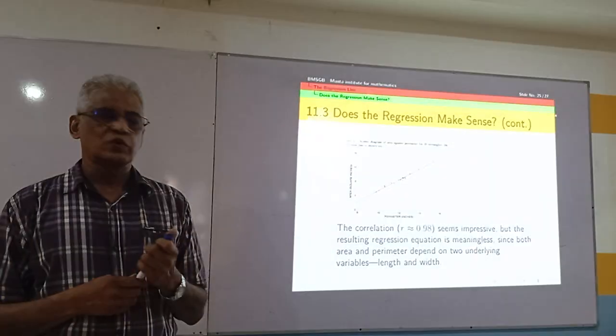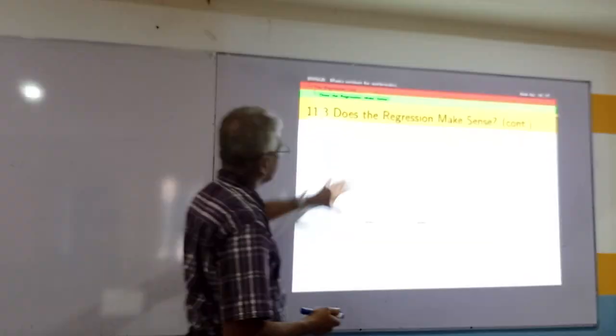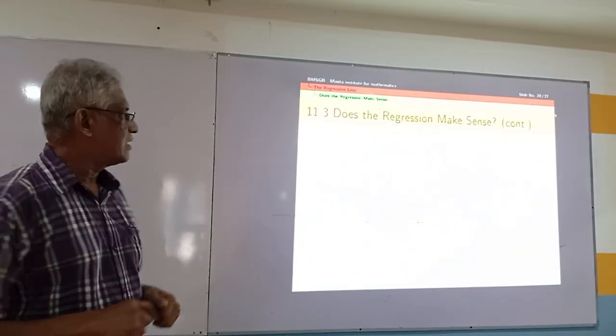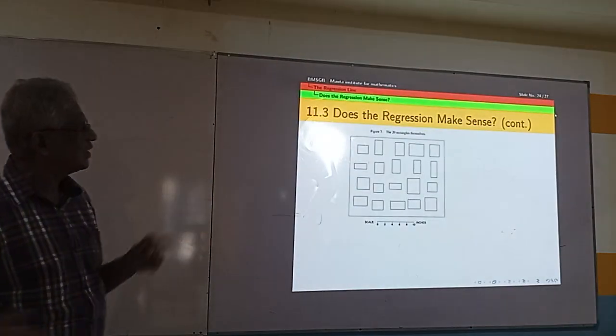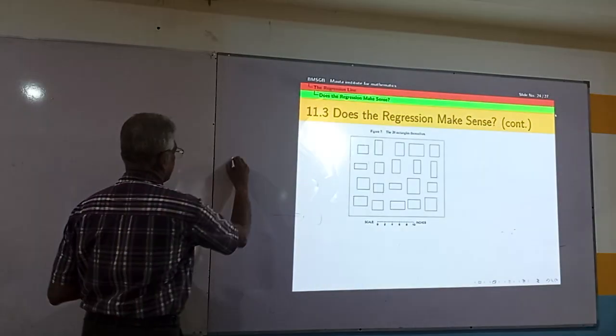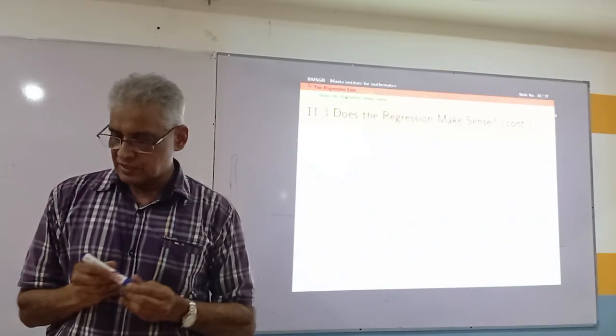But mathematically, of course, at least for these particular rectangles, you can say that there is a relationship. Right? That is not going to be valid for all the rectangles because we have not particularly looked at, for example, this kind of rectangles. It's not included there, right?